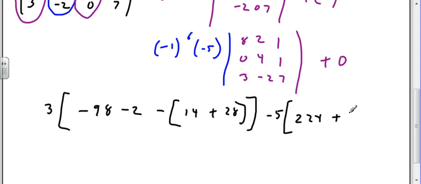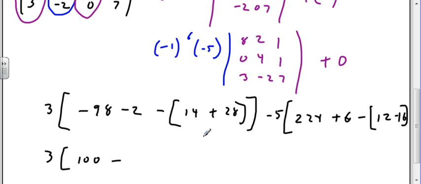Plus 6, the next guy is a 0, minus 12, minus 16, and the last guy is a 0. All right, so I got 3 times 100 minus 30, 42, minus 5 times 240, 230.